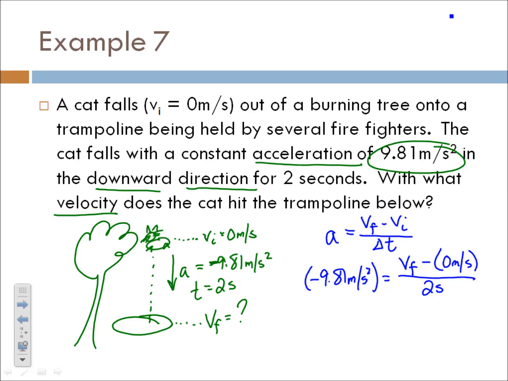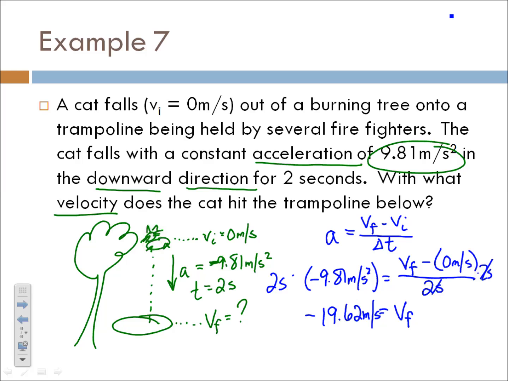So how do I solve this? I'm going to start by multiplying by 2 seconds on both sides. Over on the right side, it leaves me with v final minus 0 meters per second. Well, anything minus 0 is just itself, so I get v final on that side. On the left side, I get a negative 19.62 meters per second.